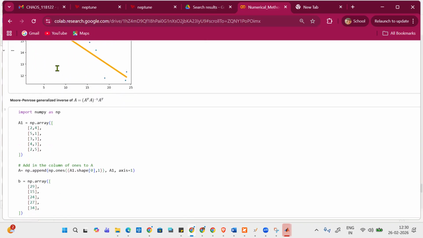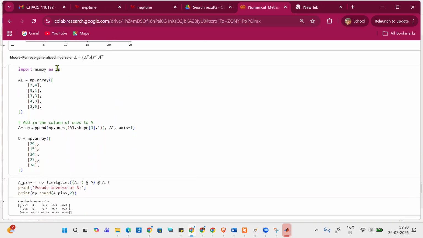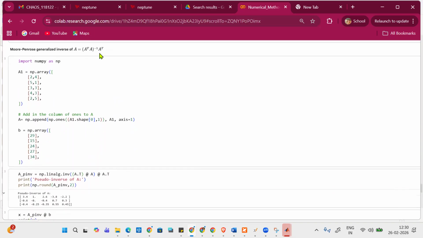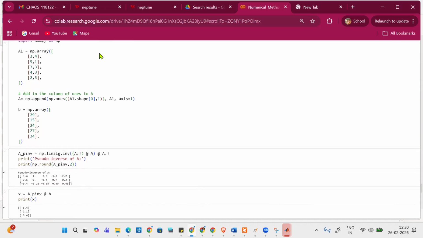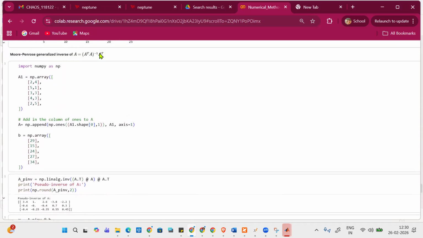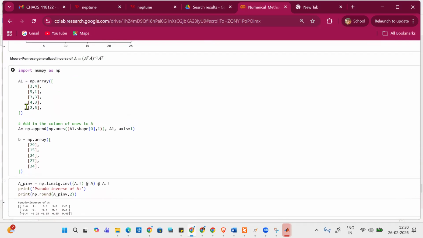Okay. Now let us come to the Penrose generalized inverse, where we have taken A transpose A inverse A transpose. Here we are just giving you one example, where A1 is your matrix. Not exactly the problem I gave, but you can take the problem given to you, put it into the code, try to formulate it and see what you get. A is the same, the basis functions.